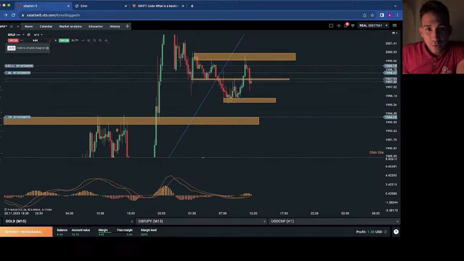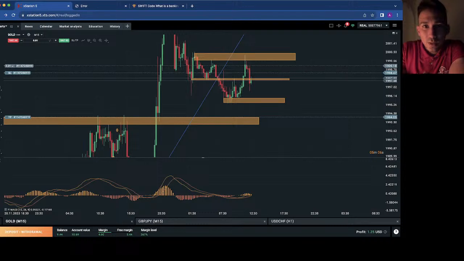This is actually a very good rejection area, and if the price is not able to break this area of support, because as you can see it makes a double bottom, and if you cannot see that the trend is going strong, going down, then I will just get out of the trade with some nice profit still.